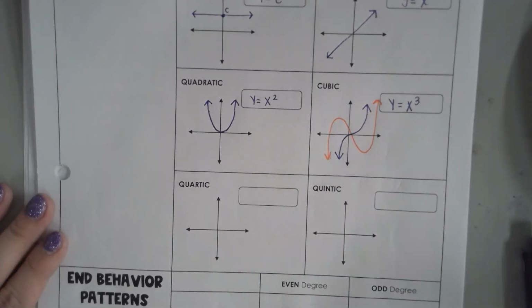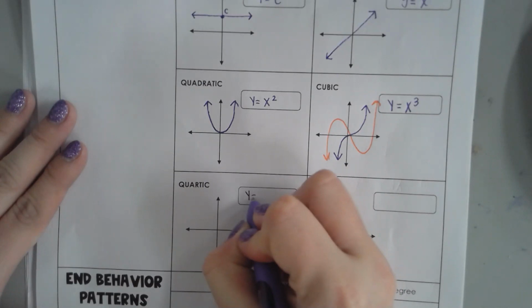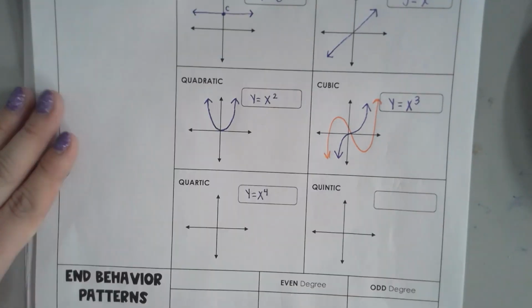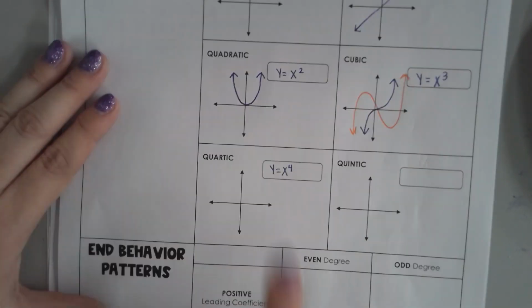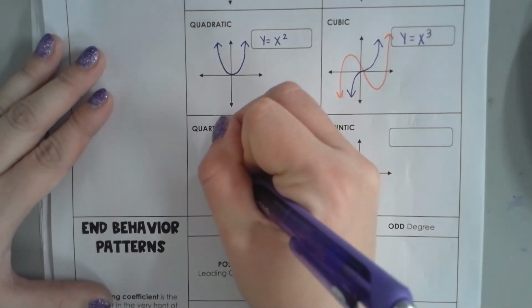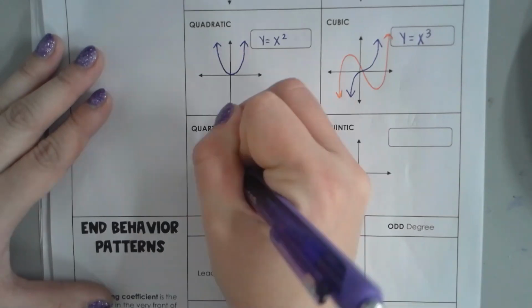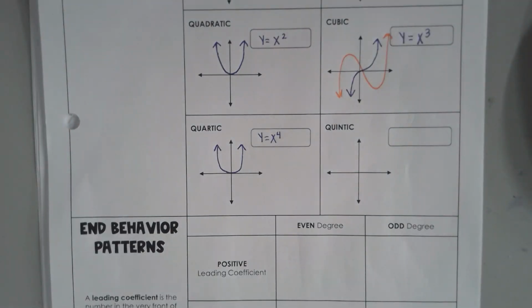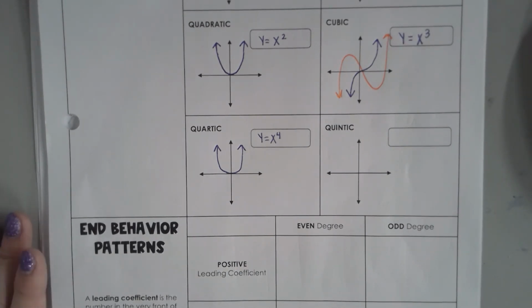So a quartic, the same thing, y equals x to the 4th. That's just the very basic general parent function, and it looks very similar to a quadratic. It's a little bit wider, flatter on the bottom. However, that's not the way you will normally see a quartic.